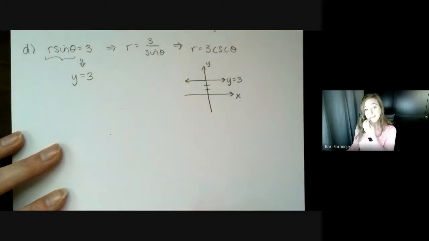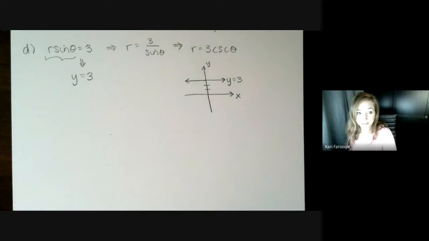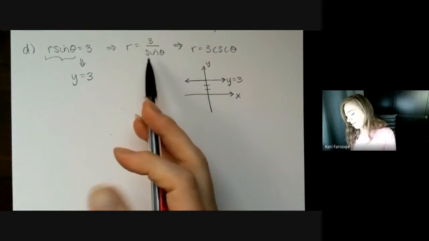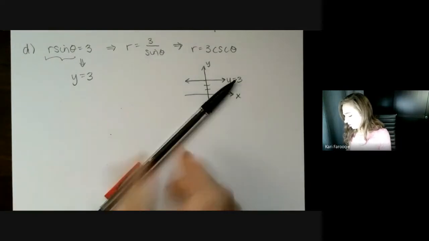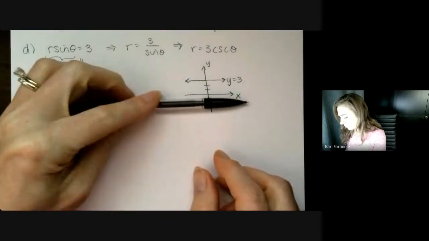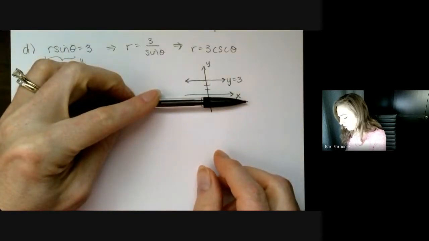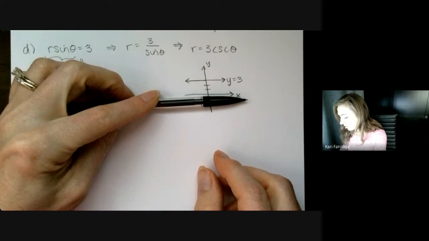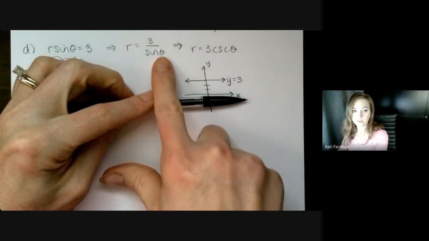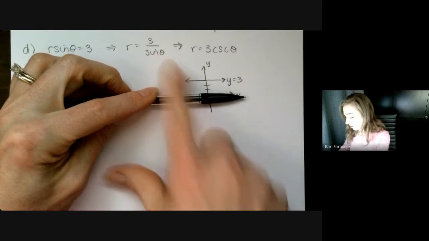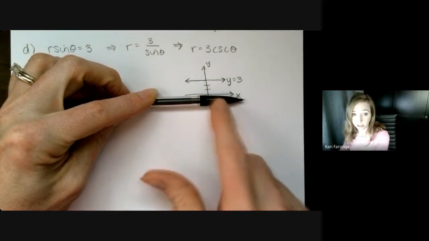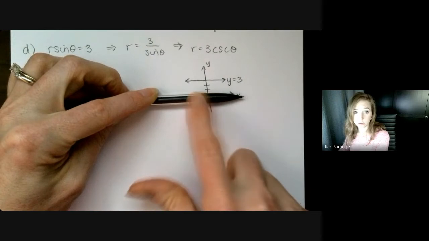Now, this one's really hard to visualize when you're thinking about this in polar form, because you're like, wait a second. As we work our way through here, it's hard to generate this. It is, but think about what happens at 0. The sine of 0 is 0. You can't divide by 0. What that means is you can't actually get any r values off this. They're parallel, and you're not going to be able to generate this graph.